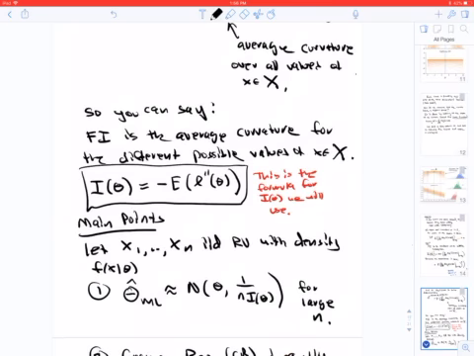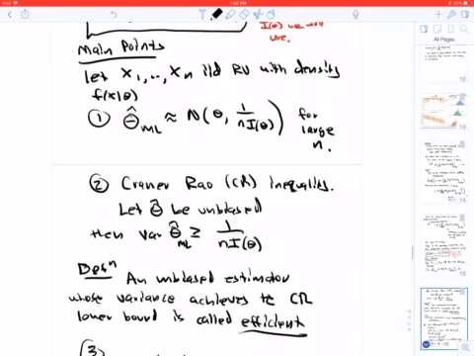You can write that as minus the expectation of the second derivative of the log likelihood. So this is our working definition for Fisher information.